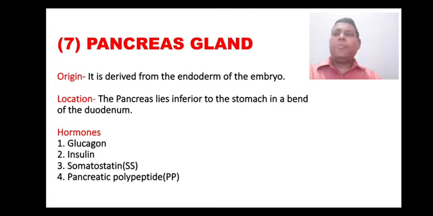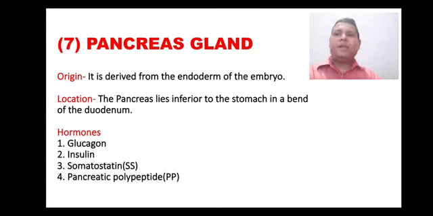Number 1, alpha cells, about 15%, produce glucagon. Alpha cells are known as A cells. Number 2, beta cells, about 65%, produce insulin. Beta cells are also called B cells.